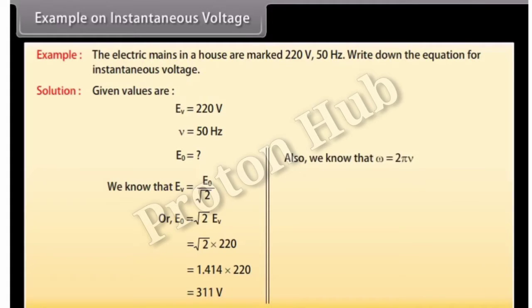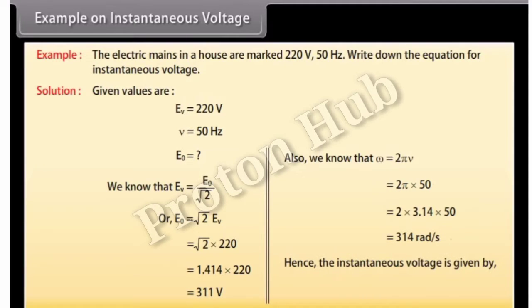Also, we know that ω = 2πν. On putting the values in the equation, we get ω = 314 radian per second. Hence, the instantaneous voltage is given by E = 311 sin 314t.